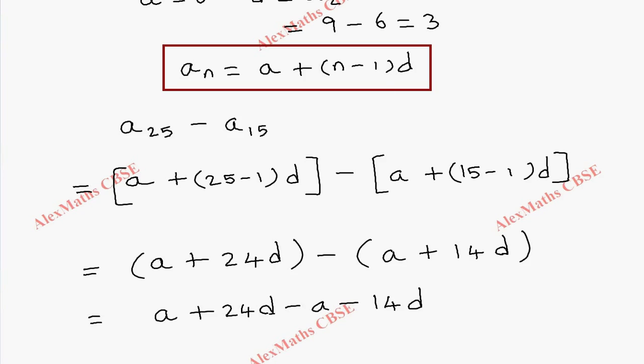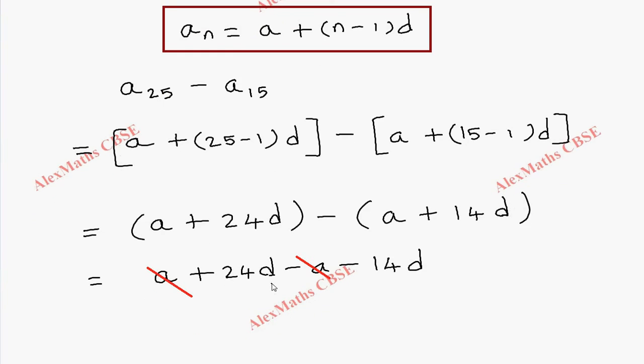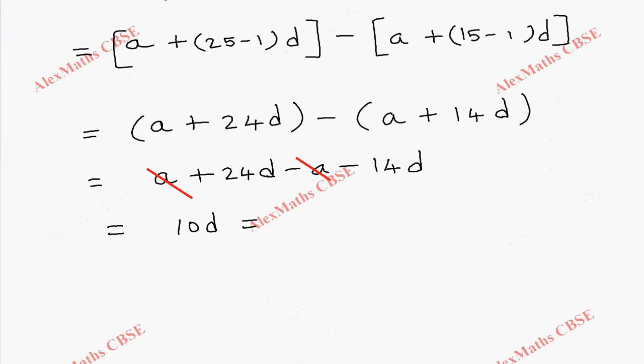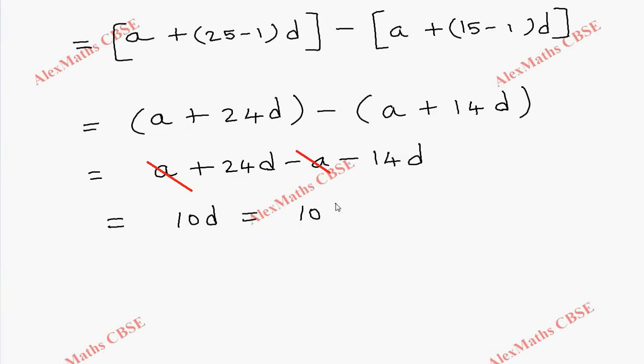We can cancel A and minus A. After subtraction, 24D minus 14D, we get 10D. And we have found the value of D, which is 3. By substitution, we get 10 into 3, which is 30.